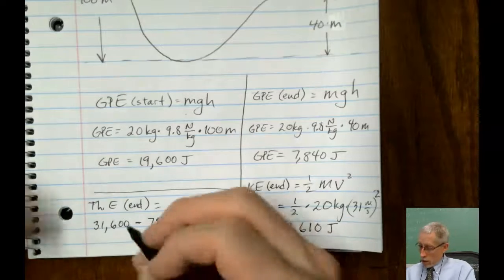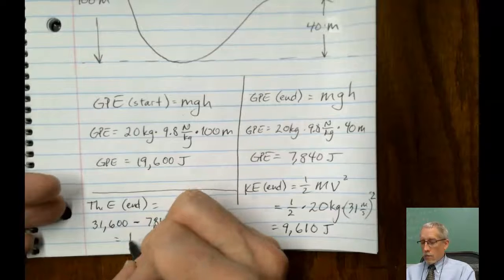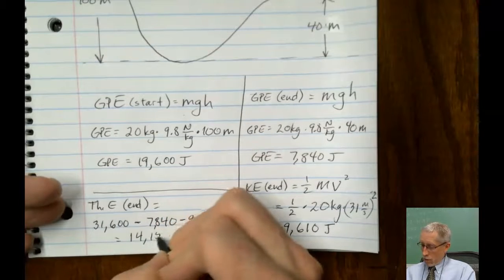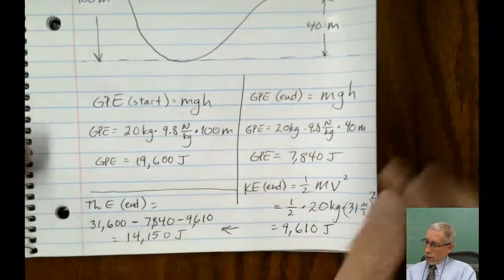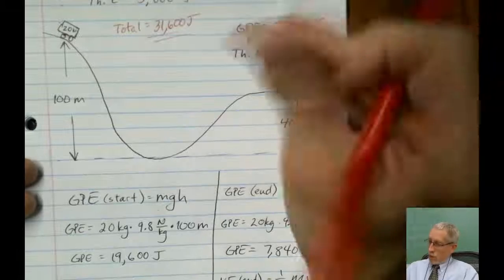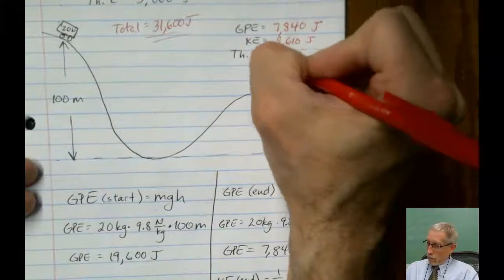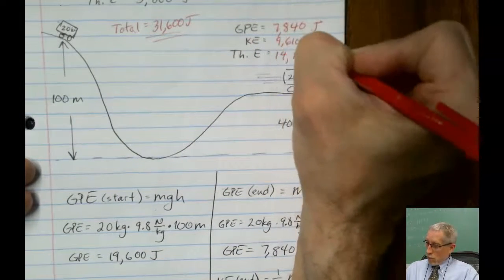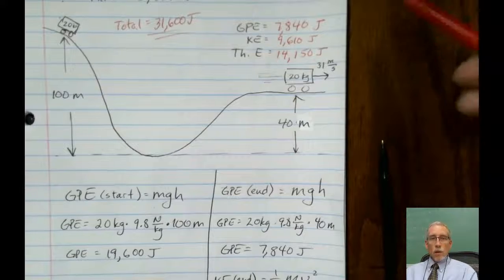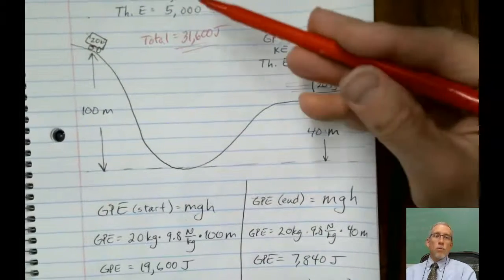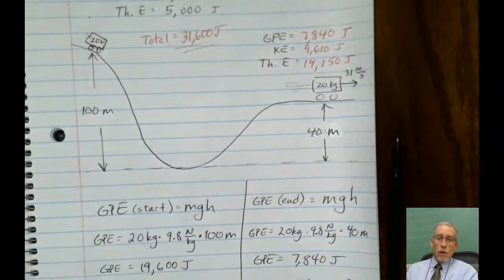Just doing subtraction there. It gives me 14,150 joules. And you can always go back and double check yourself that these three numbers do add up to 31,600, just like they started. And they do.